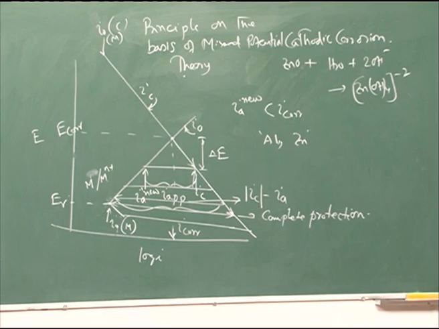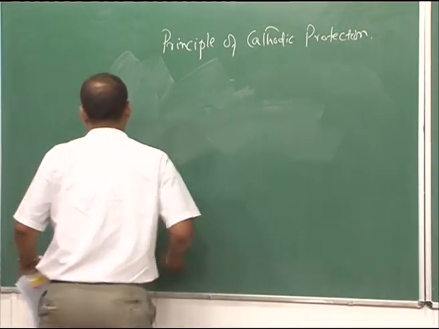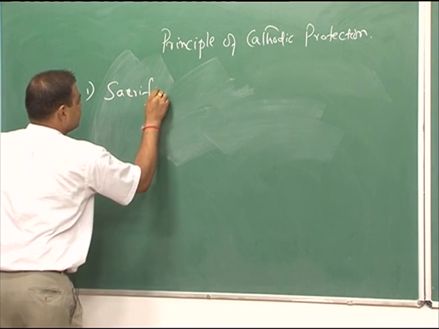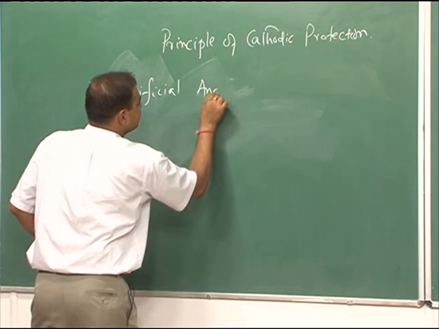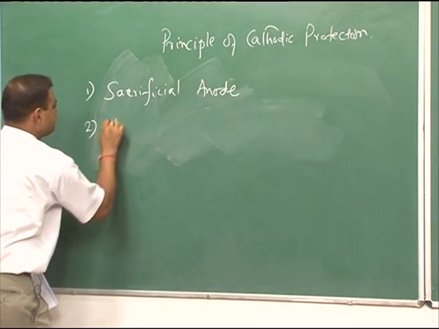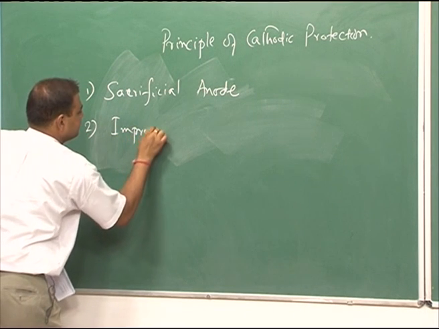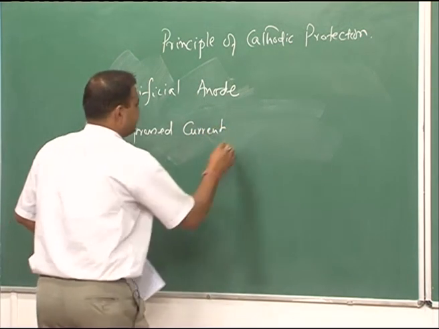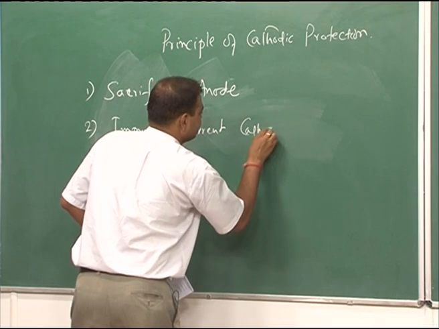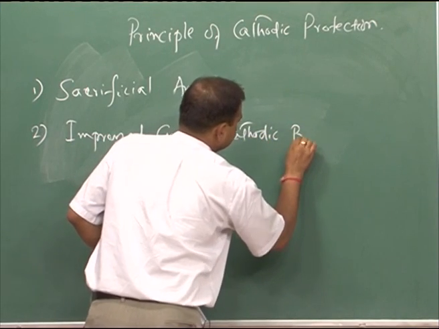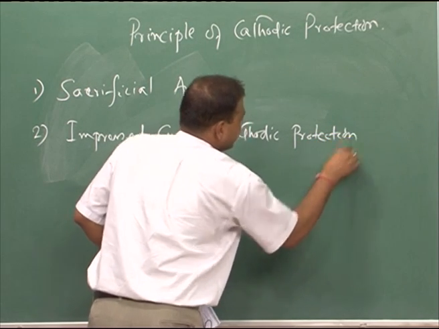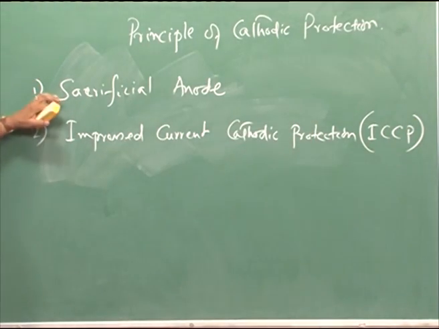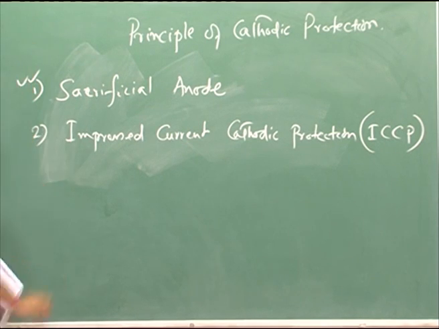One is sacrificial anode, and the second one is impressed current cathodic protection, which in short we call ICCP. So, let us see this first method.